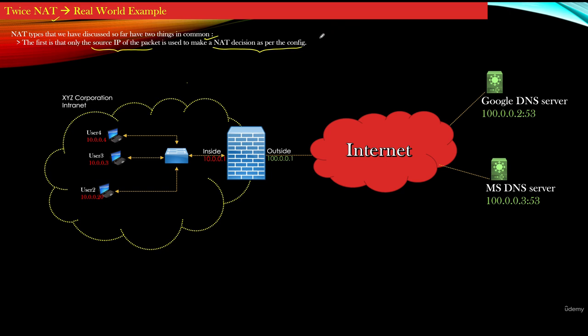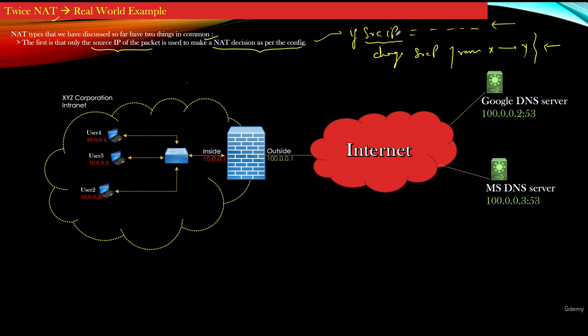For example, I showed you many times that network address translation translates to an if condition: if the source IP of the packet is so and so, then change the source IP of the packet from X to Y. So here the decision as to how NAT has to be applied on the packet is based on the source IP address value.